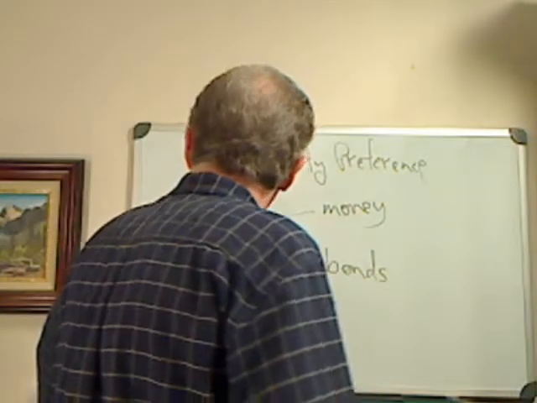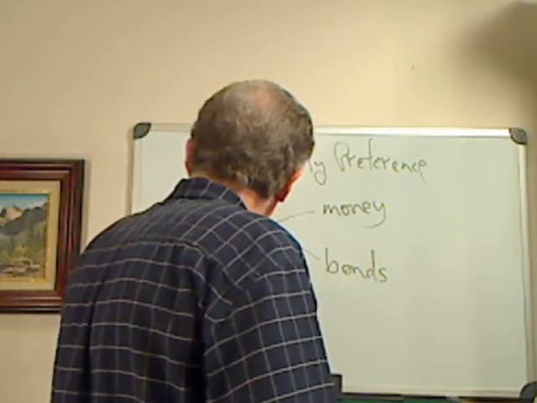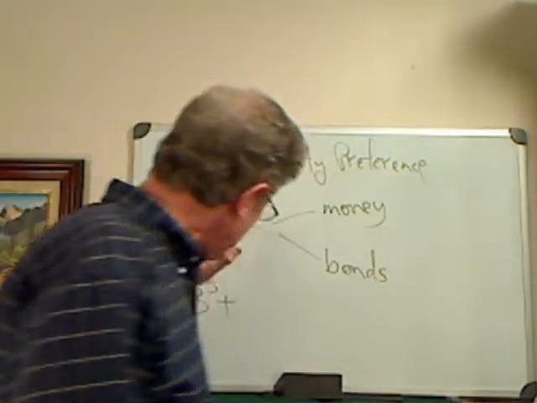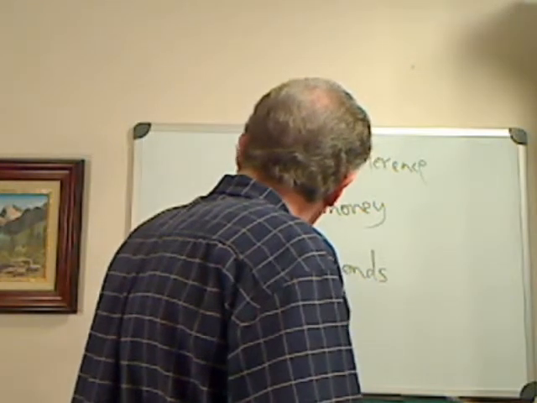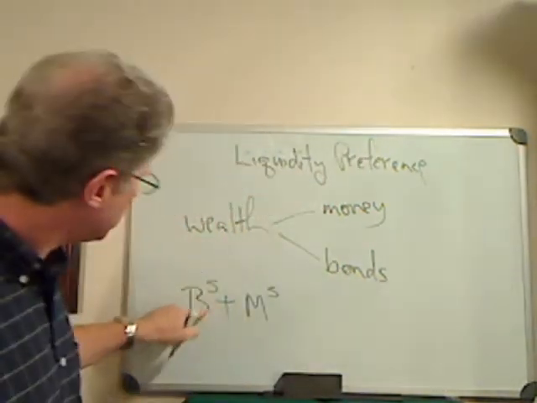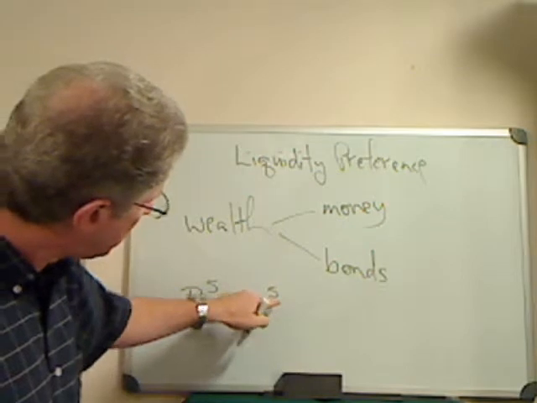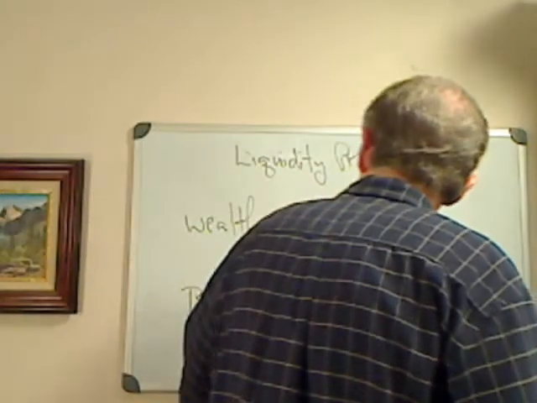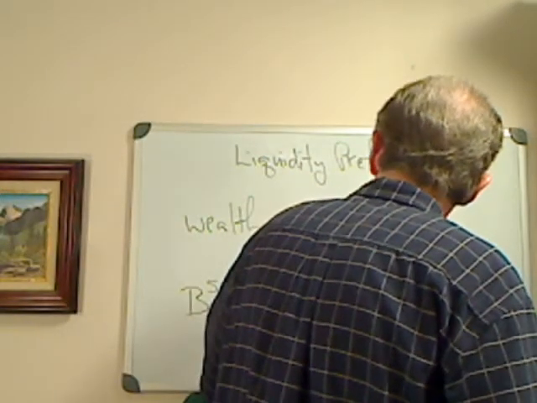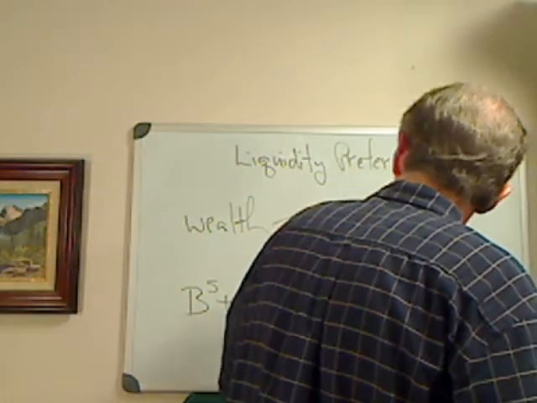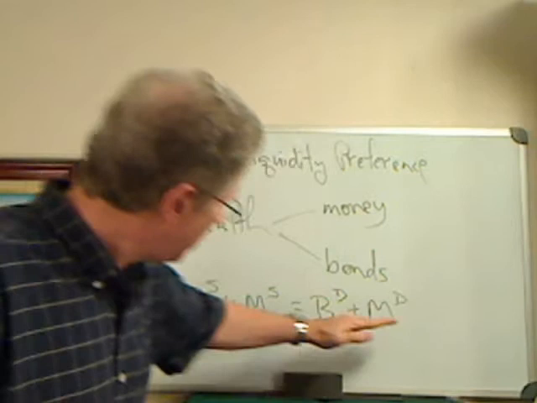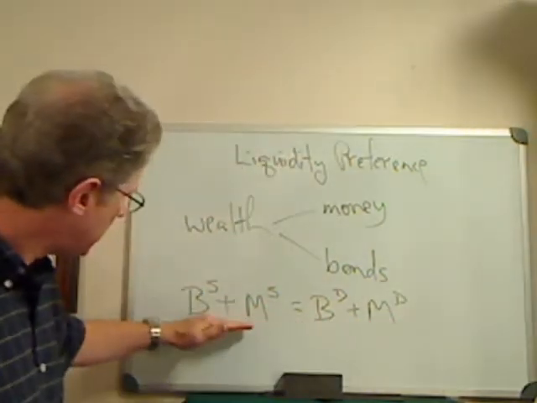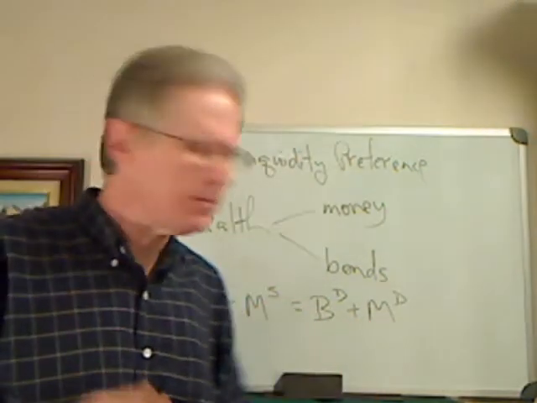We started last time by pointing out that the wealth available at a certain point in time, we can represent that as the quantity of bonds supplied plus the quantity of money supplied, or we can represent it as the quantity of bonds demanded plus the quantity of money demanded. This represents wealth, this represents wealth, so they must be equal.